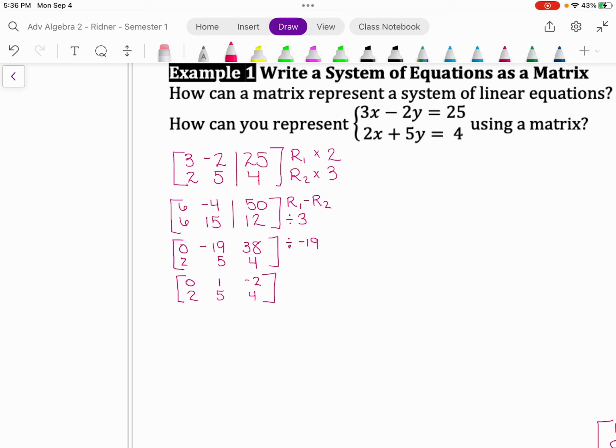Now I'm going to multiply row 1 by -5 so that I get 0, -5, -10, and then bring this row down again.